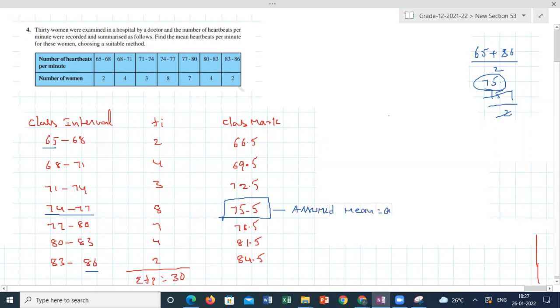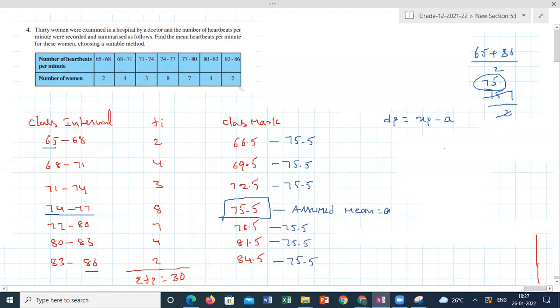Now I am going to calculate the next column called di, the deviation of each reading, xi minus a. That is 66.5 minus 75.5, everything minus 75.5.